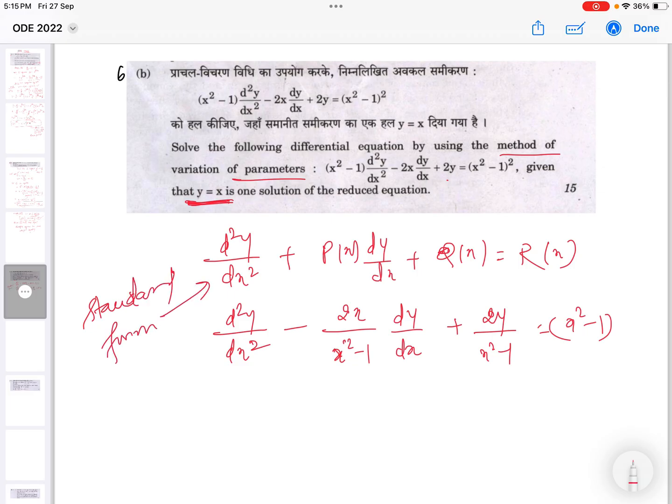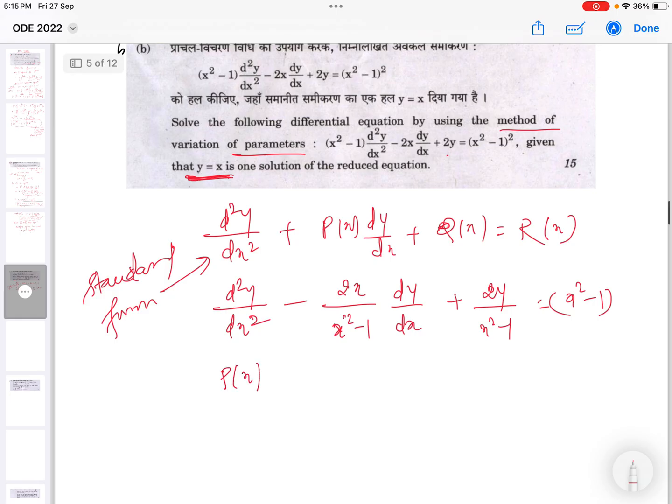This is the standard form, so p of x equals minus 2x upon x square minus 1, q of x is equal to 2 upon x square minus 1, and r of x can be just this one only.